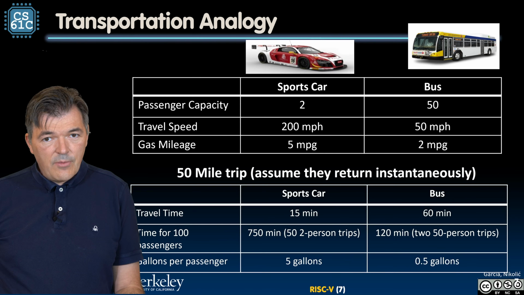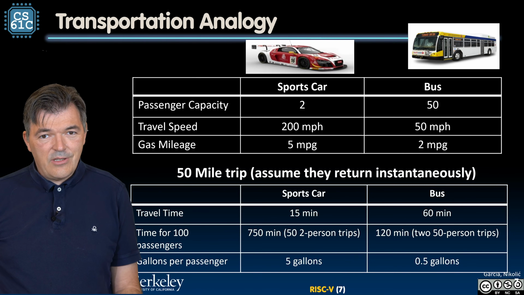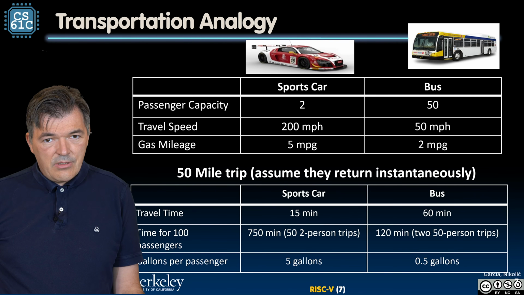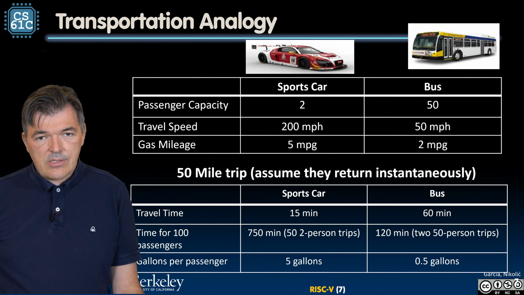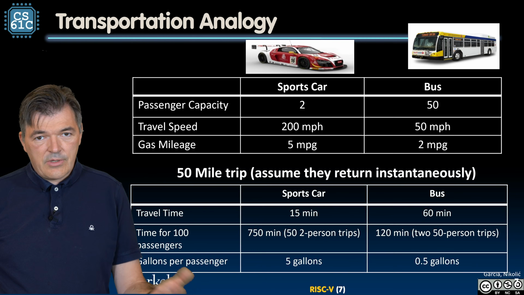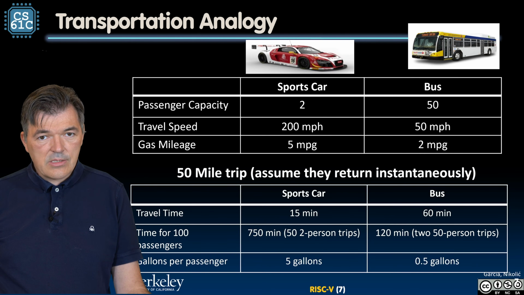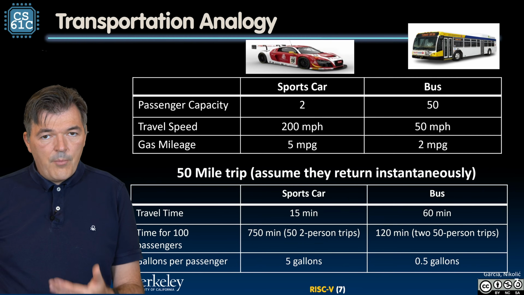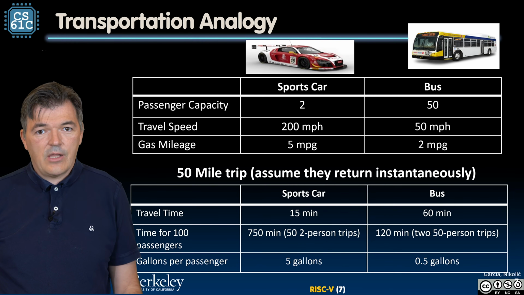The energy efficiency of a bus is a lot better than the energy efficiency of a car. The car takes 5 gallons per passenger to deliver them to a destination that is 50 miles away, and a bus takes only 0.5 gallons per passenger.